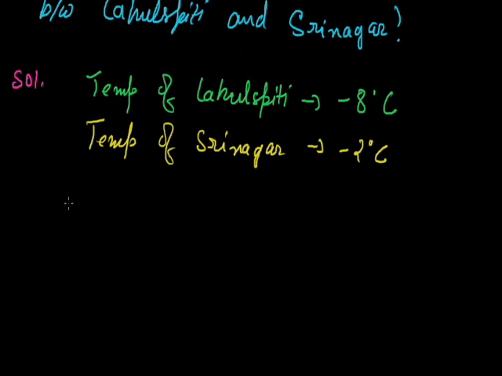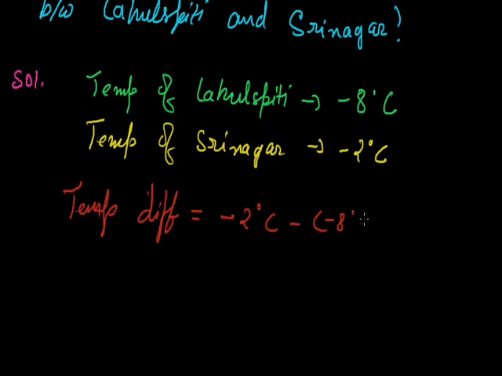So the temperature difference will be equals to minus 2 degrees centigrade minus minus 8 degree centigrade. Since minus 2 is a greater number than minus 8, to find the difference, we will subtract the smaller number from the greater number, that is minus 2 degree centigrade minus minus 8 degree centigrade.